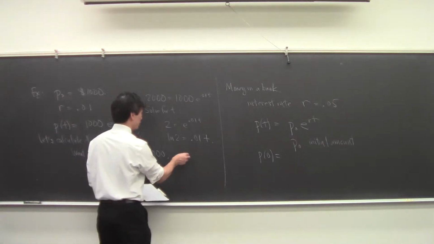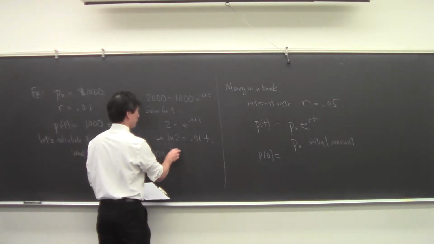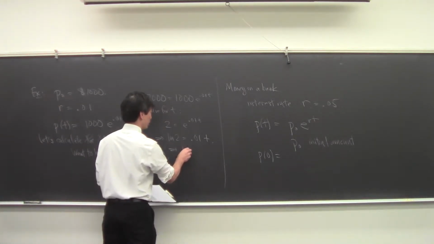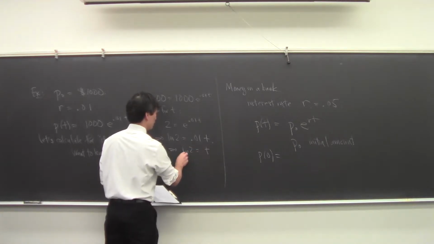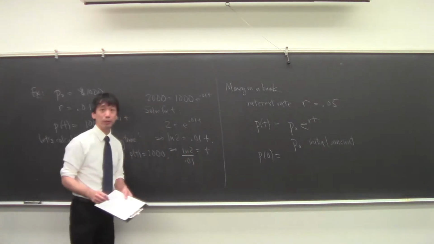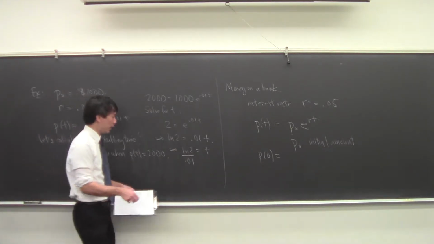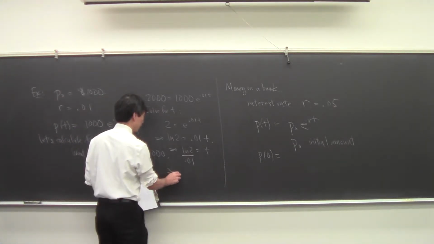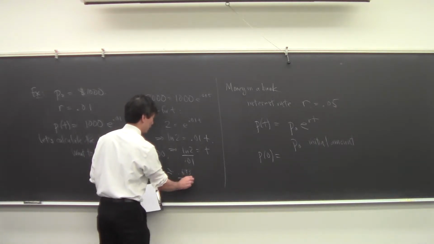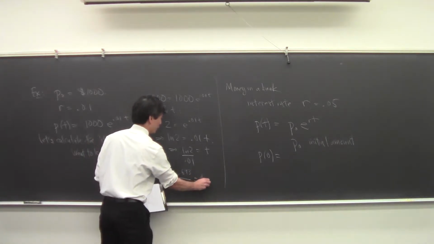So t is the natural log of 2 divided by 0.01. The natural log of 2 is something like 0.693, divided by 0.01.